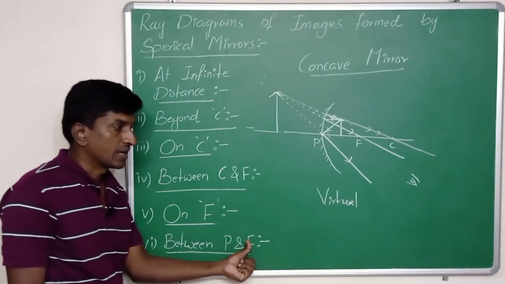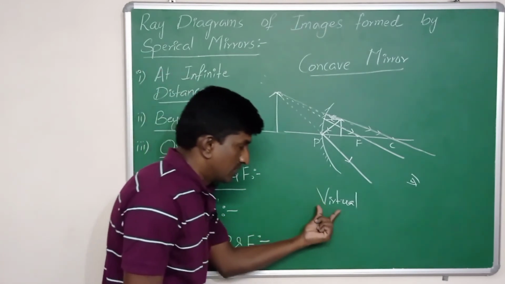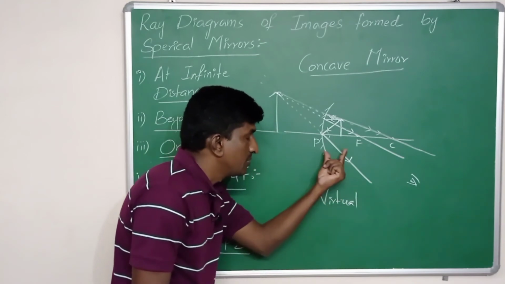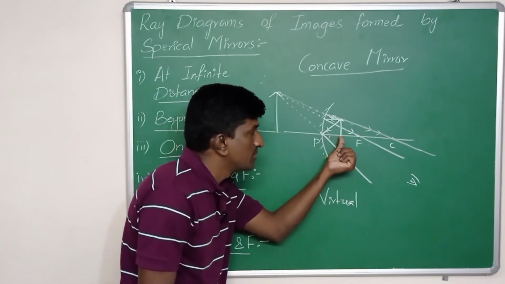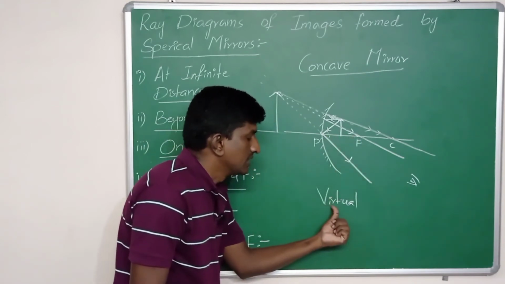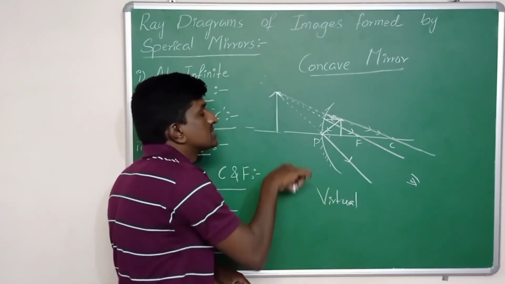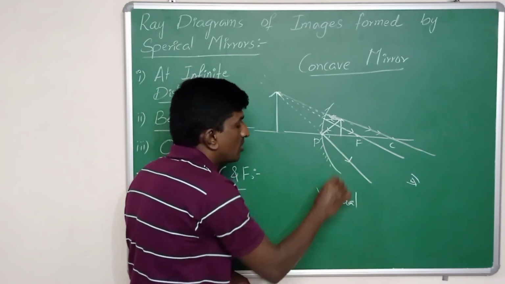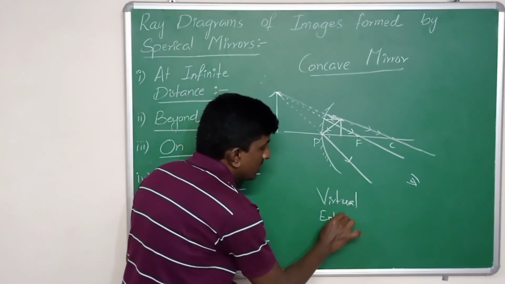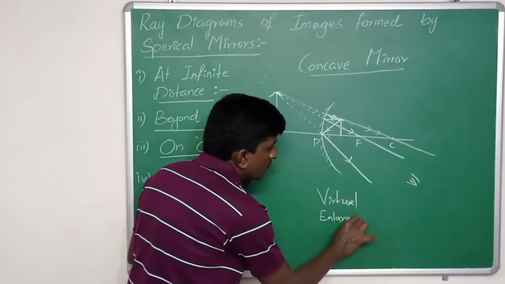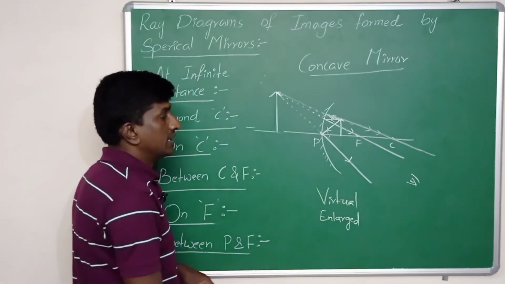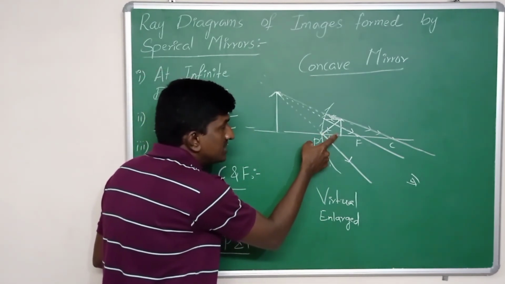And the characteristics of the image for the object placed between P and F: it is a virtual image, the size of the image is enlarged, bigger than the object. So an enlarged image is formed, and the image is erect.